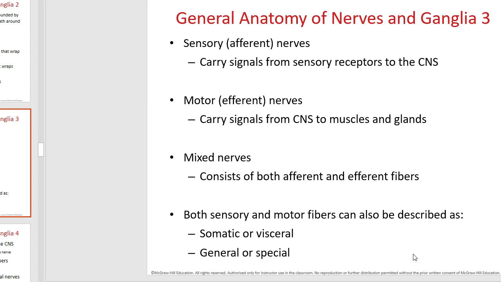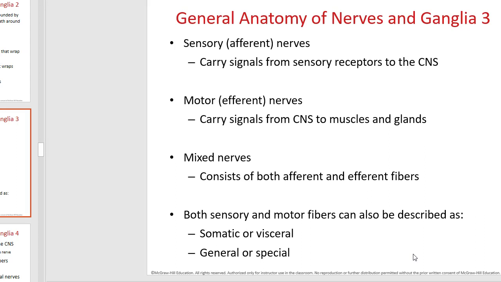So if you're getting pinched, the pain that you feel will be sensory, and that's going to take it all the way to the spinal cord to determine what's going to happen. And the motor or efferent nerve will carry the signal to the effector, whether it's a muscle or a gland, and say, hey, move your hand or move your arm out of the way so you don't continue to feel pain. So again, mixed nerves consist of both afferent and efferent.